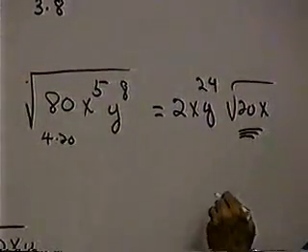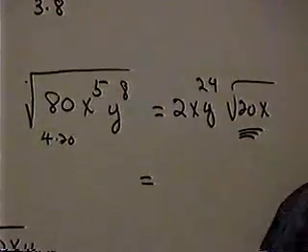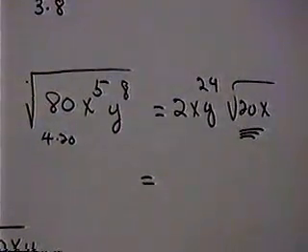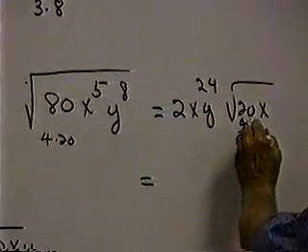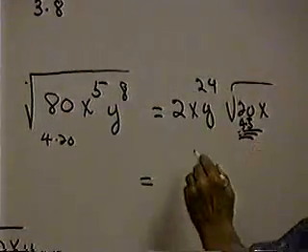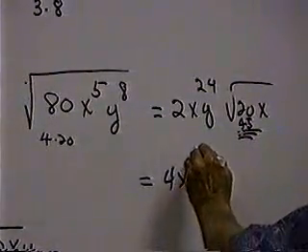But we're not through here, okay? So we've got to check on this one because this is 4 times 5. So the square root of 4 is 2 times this 2.